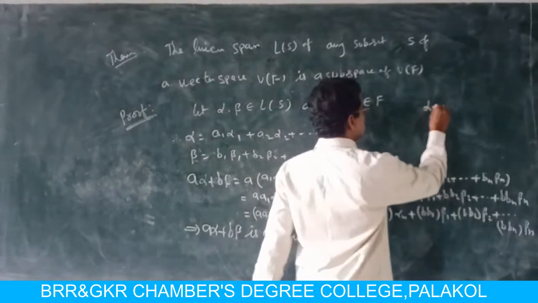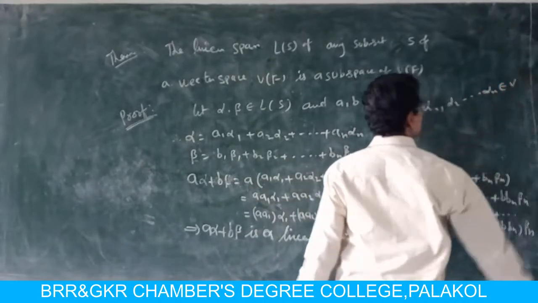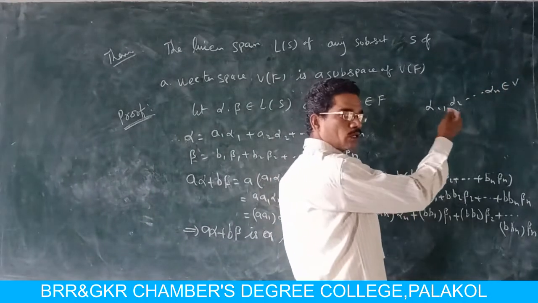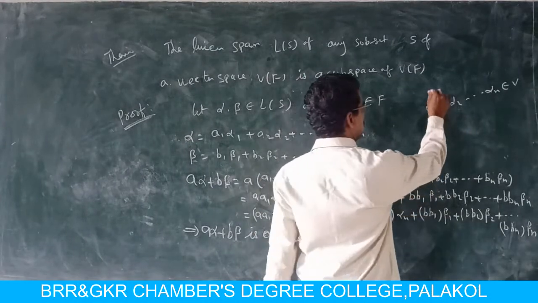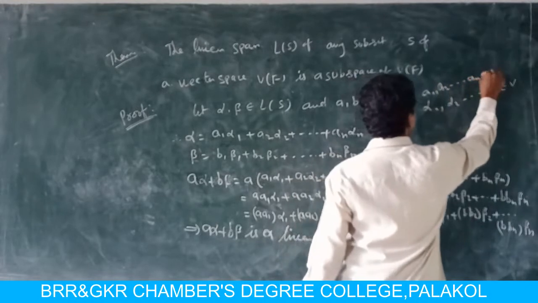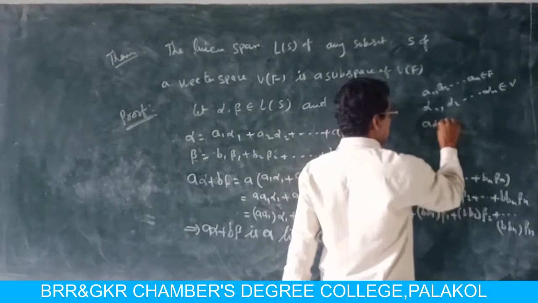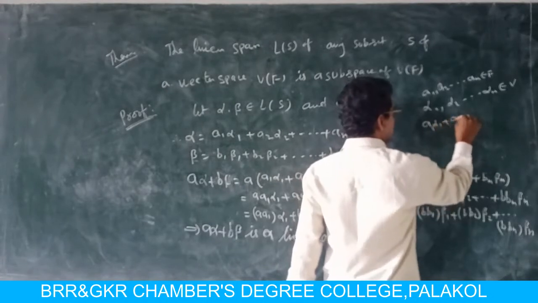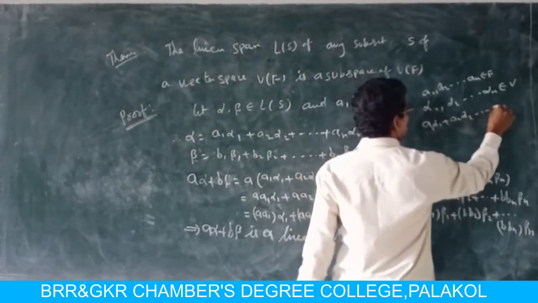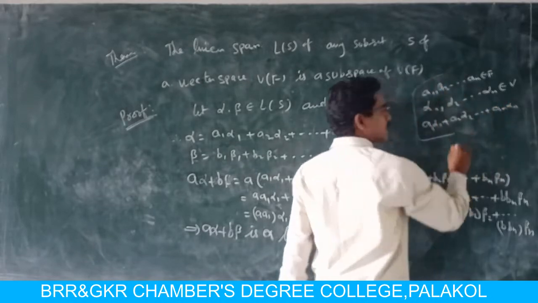Suppose alpha 1, alpha 2, so on alpha n belong to V, and scalars a1, a2, so on an belong to F. Then the linear combination means a1 alpha 1 plus a2 alpha 2 so on plus an alpha n. It is a linear combination.